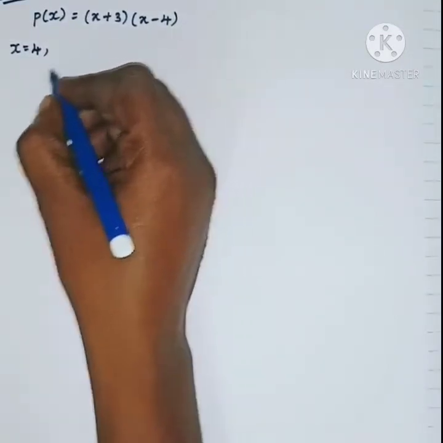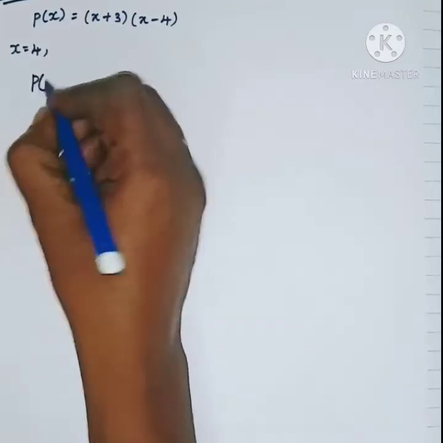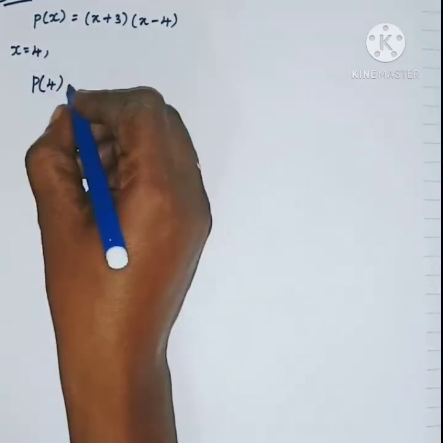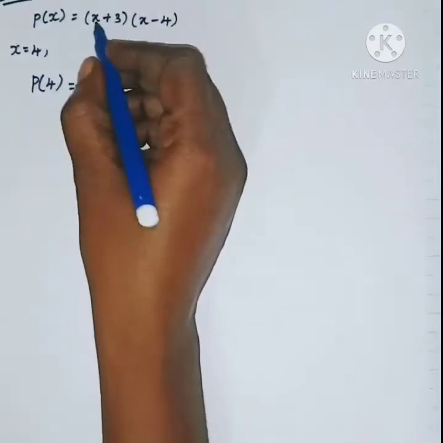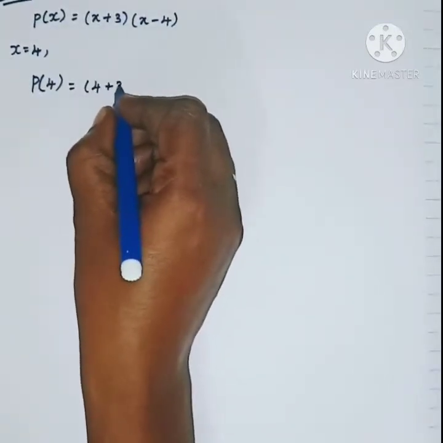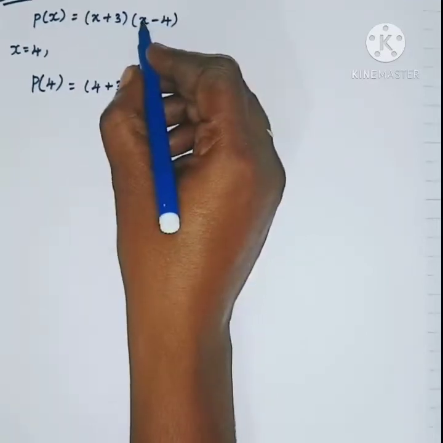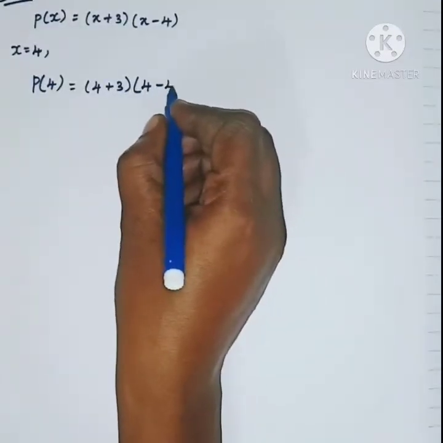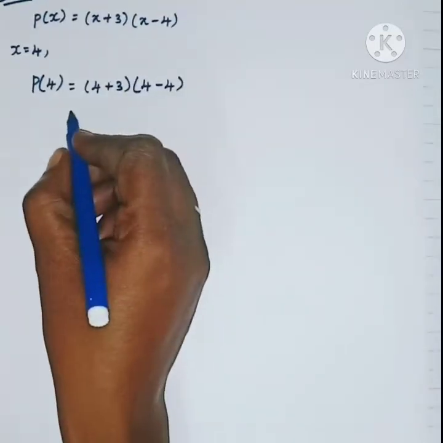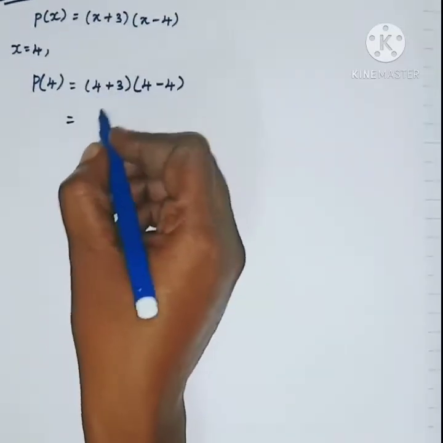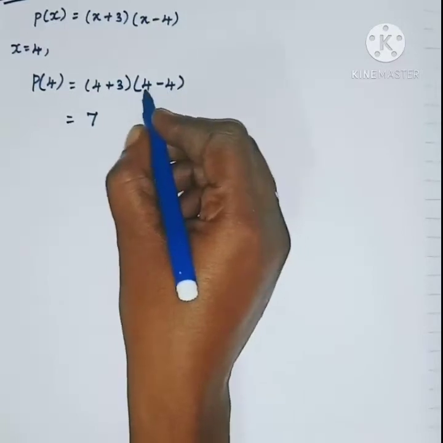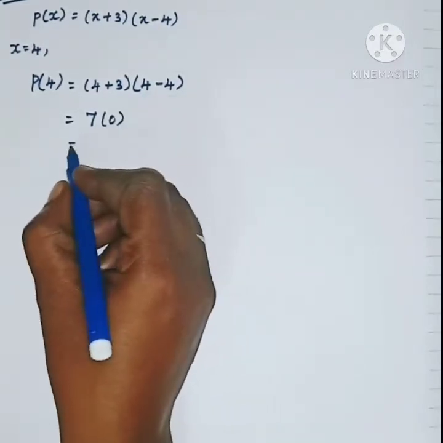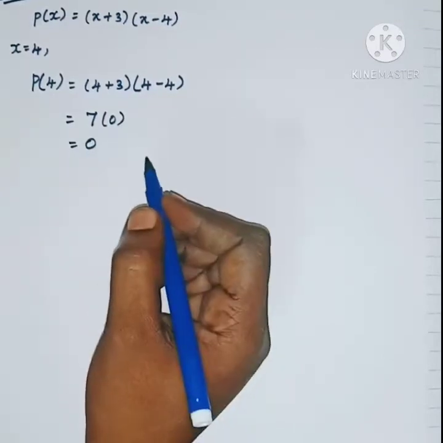So p of 4 is equal to 4 plus 3 into 4 minus 4. 4 plus 3 is 7 and 4 minus 4 is 0. 7 into 0 is 0.